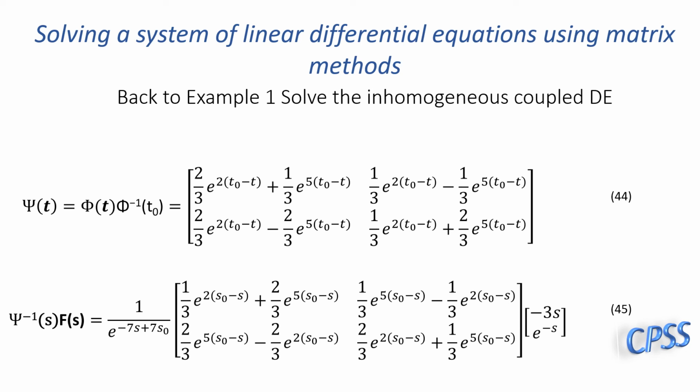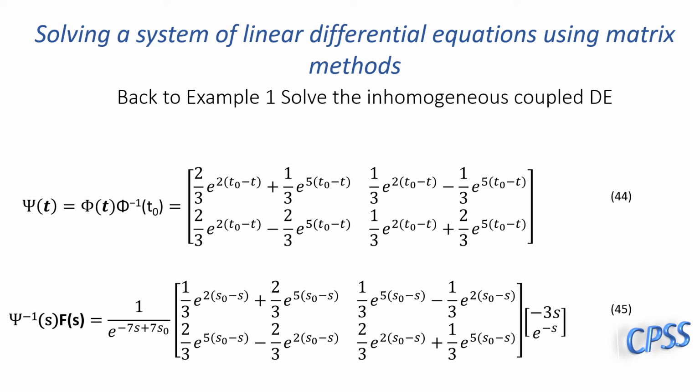Now, if you substitute t naught in for t, you should get the identity matrix. Remember, the exponential matrix, which was the matrix solution to the differential equation, at the initial condition had to be equal to the identity matrix. And you check this matrix and you'll see that you have that.